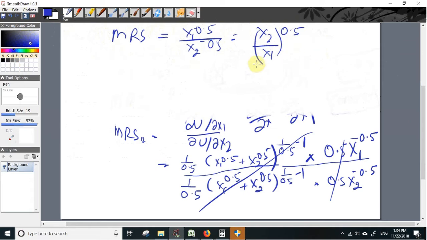So now we assume, as in our previous examples, that the price of the first commodity is 10, the price of the second commodity is 20, and the consumer's total wealth is 1,000.